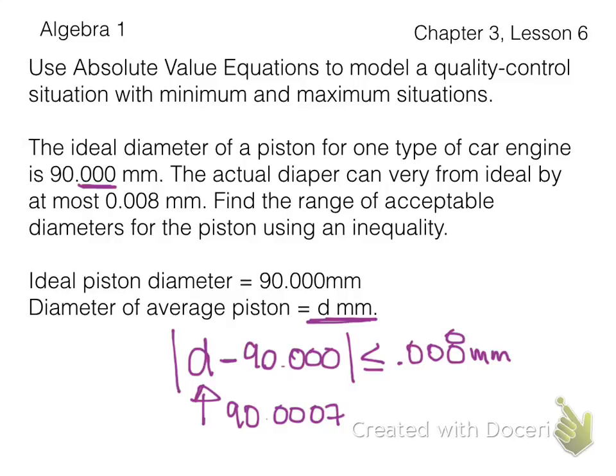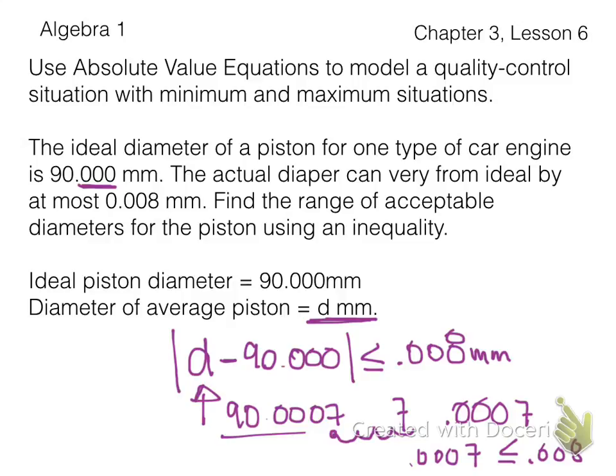So it's going to be 7 times 10 to the negative 4th. 7 times 10 to the negative 4th is 1, 2, 3, 4, so that's 0.007. Well, is 0.007 less than or equal to 0.008? Well, yes it is. So the piston that we measured here does work, okay?